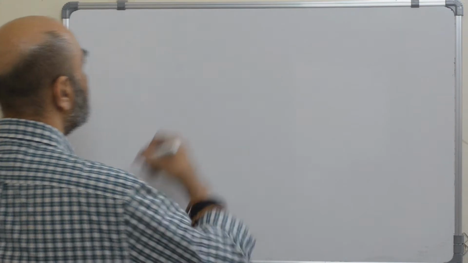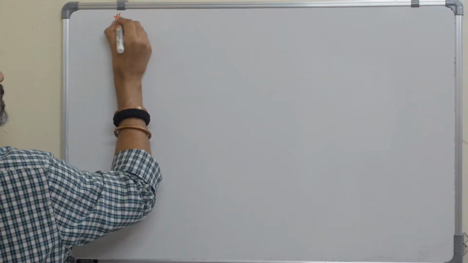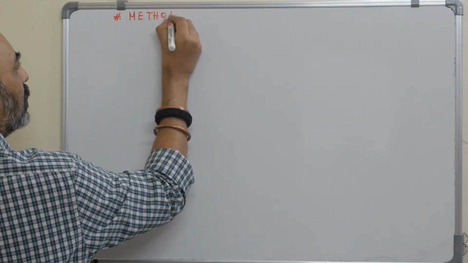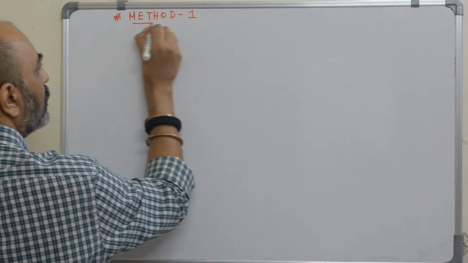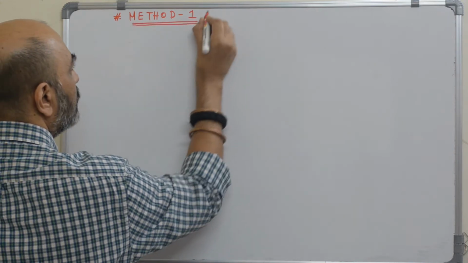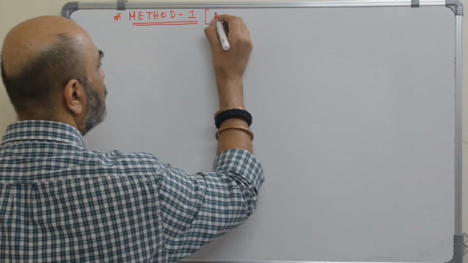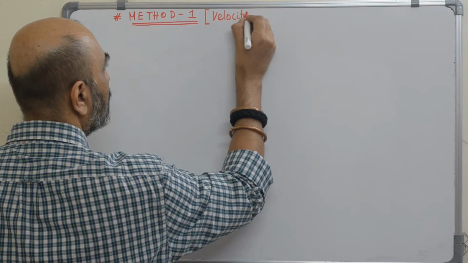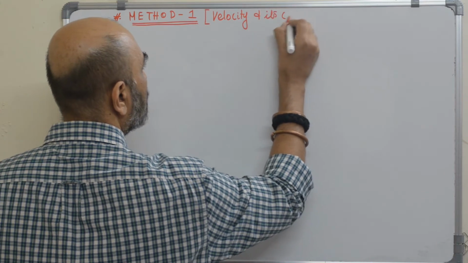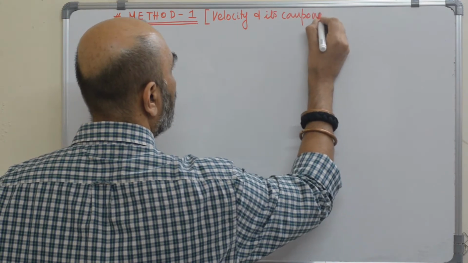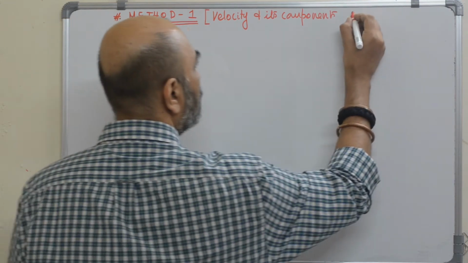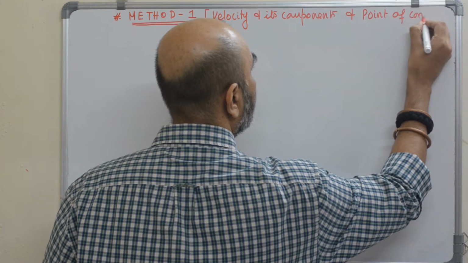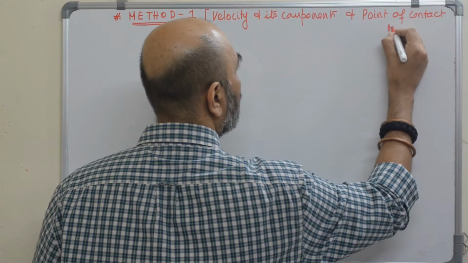The first method, we will initially be discussing method 1, and method 1 is in terms of velocity and its components, and the point of contact method.